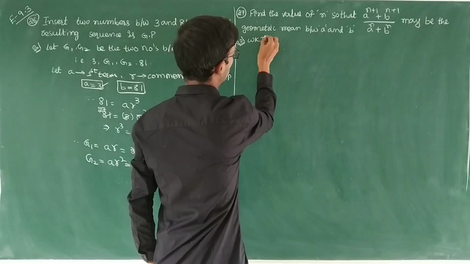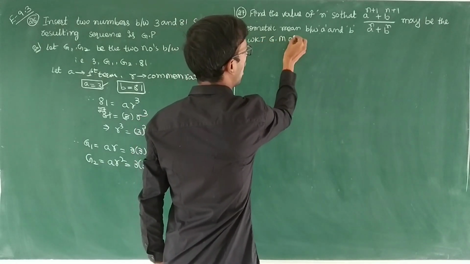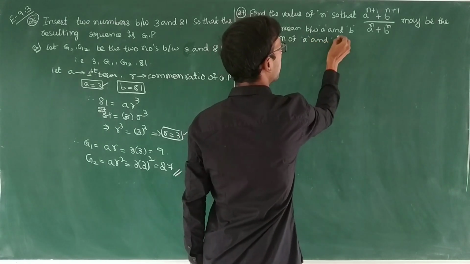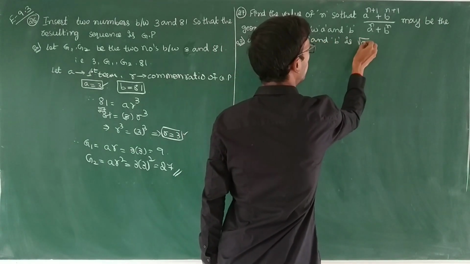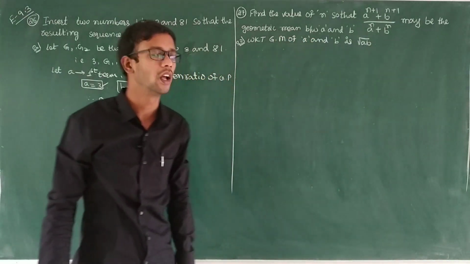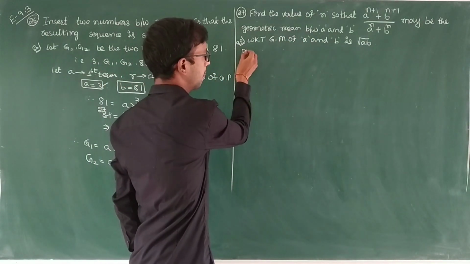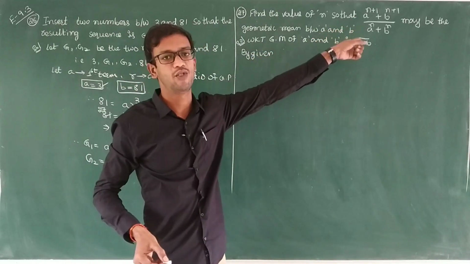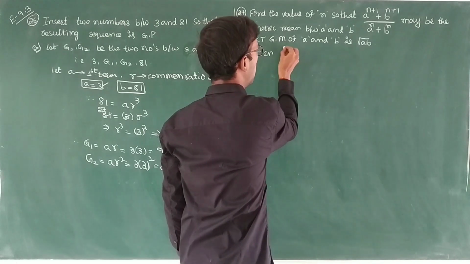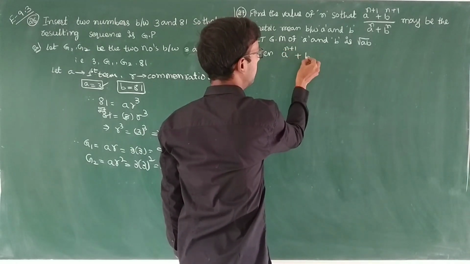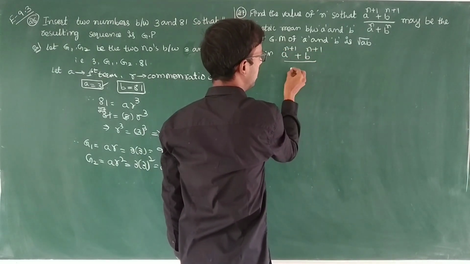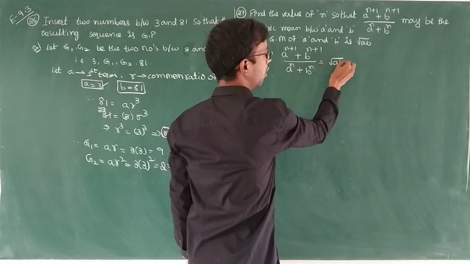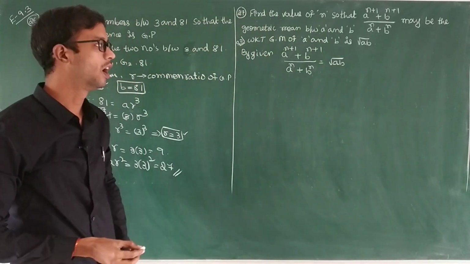We know that the geometric mean of a and b is root ab. By the given, what is the geometric mean they have given? So a power n plus 1 plus b power n plus 1, divided by a power n plus b power n, is equal to square root of ab.